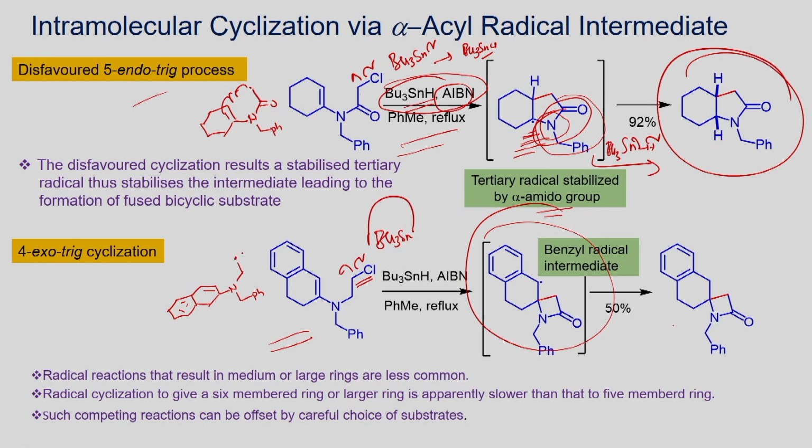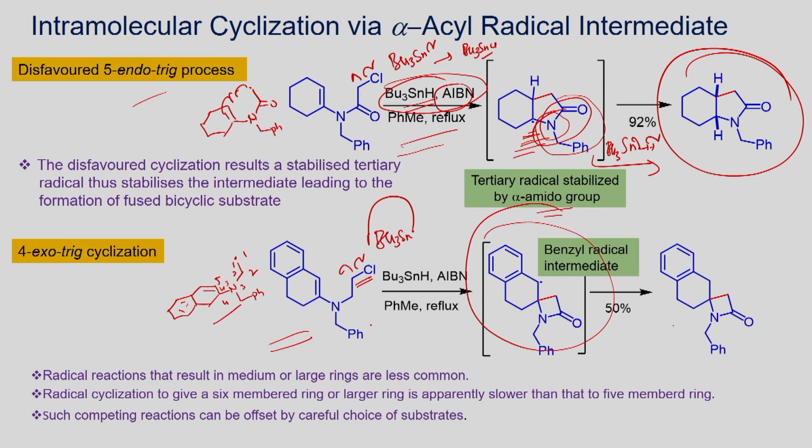Now there are two possibilities. It can form 5-endo cyclization, or you can also undergo 4-exo cyclization.